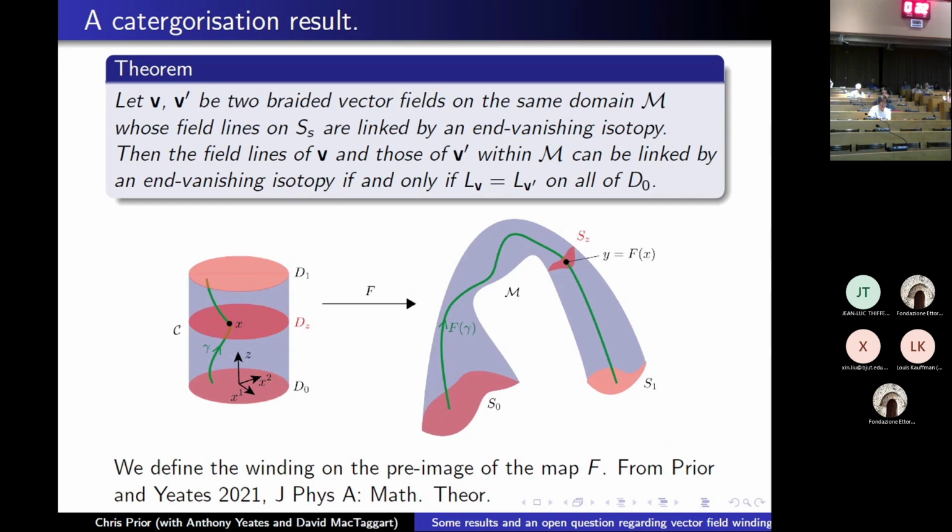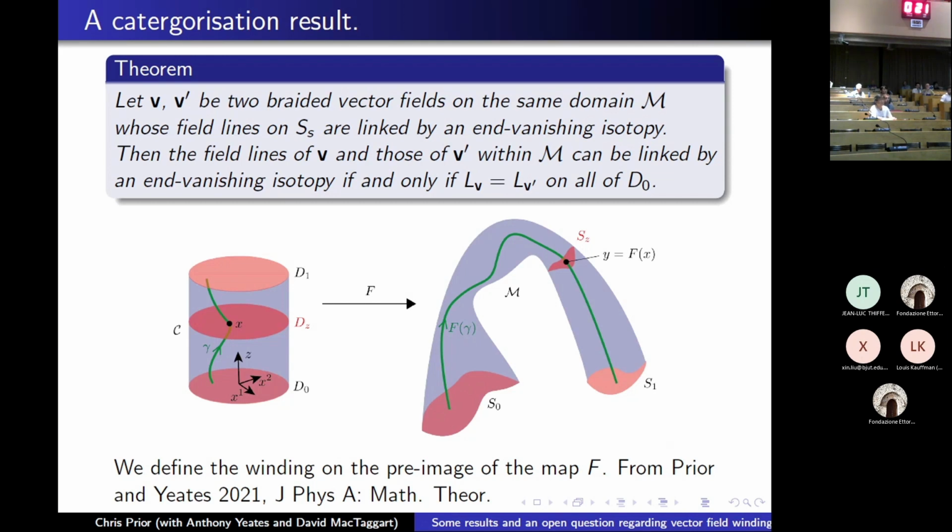An important point to make here, and this is going to be one of the crucial aspects of this talk, is that I'm not actually restricting to fields in a cylinder. So we're talking about domains which are homeomorphic to a cylinder. They have a lower disk S0, an upper disk S1, and they have field lines which flow through the domain. So there's a tangent condition on the vector field at the side boundaries.